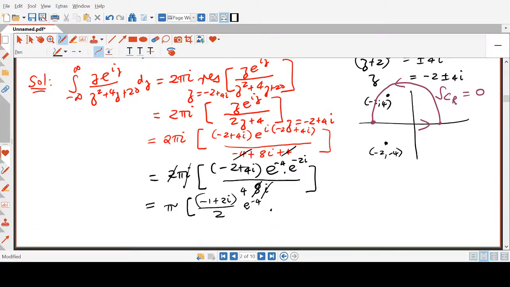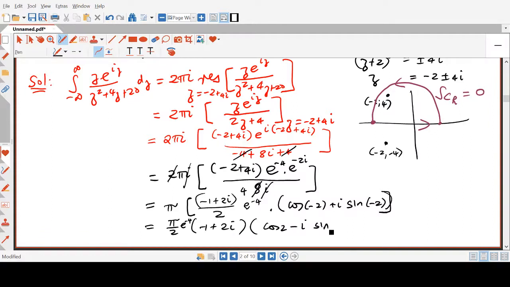And e to the minus 2i, isn't that cos of minus 2 plus i sine of minus 2? Radians, that is. So this can be pi over 2 e to the minus 4 times minus 1 plus 2i into cos 2 minus i sine 2.